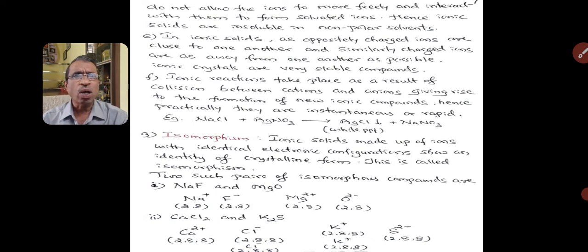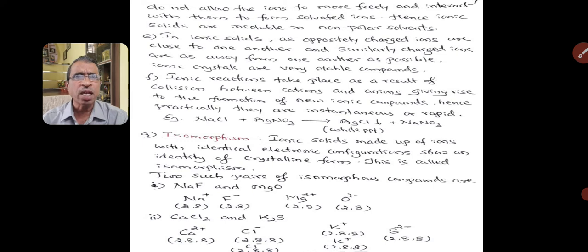In ionic solids, as oppositely charged ions are close to one another and similarly charged ions are as far away from one another as possible, ionic crystals are very stable compounds. Ionic reactions take place as a result of collision between cations and anions, giving rise to the formation of new ionic compounds.